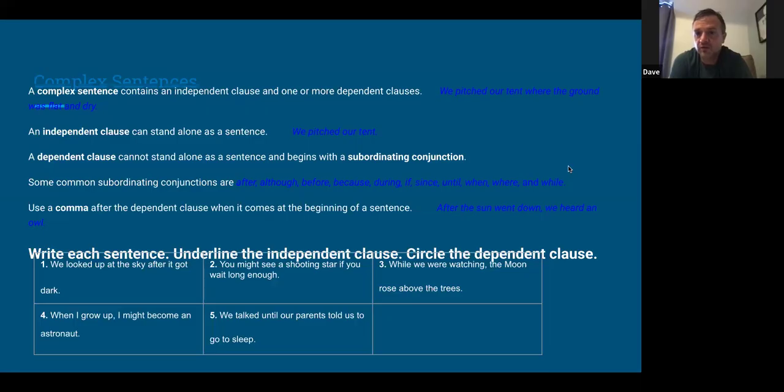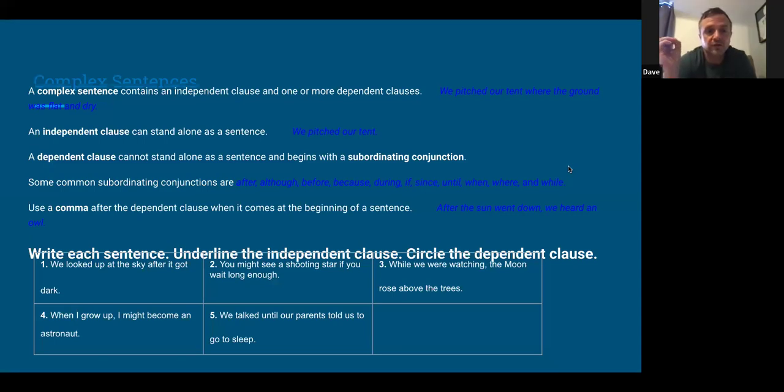So, a complex sentence: We pitched our tent where the ground was flat and dry. Our independent clause, we pitched our tent, can stand alone. However, our dependent clause, where the ground was flat and dry, cannot stand alone.